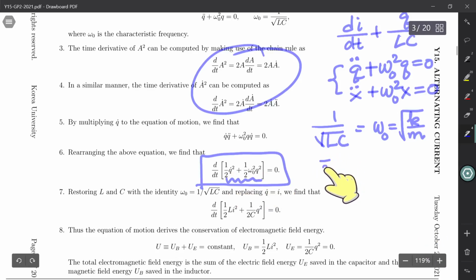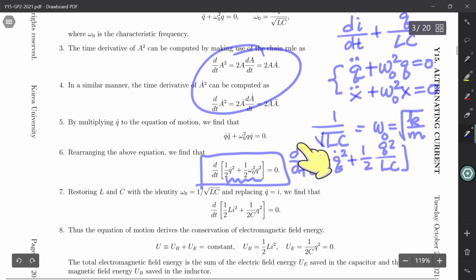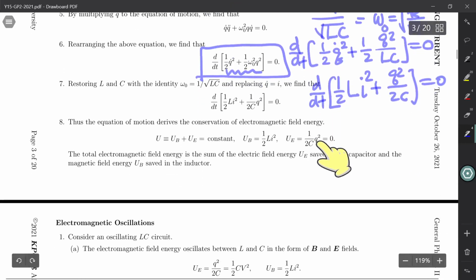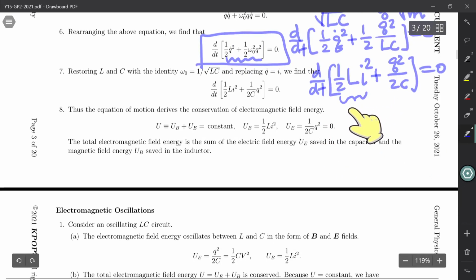We have 1/2 Q dot squared plus 1/2 LC Q squared, whose time derivative equals 0. Multiply by L. Q dot is I, the current. This is the magnetic field energy.